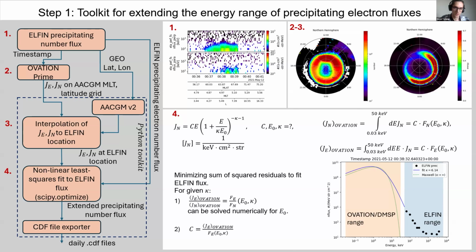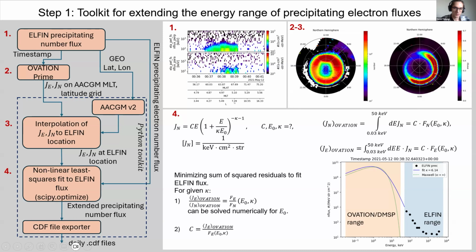We can use a CGM module to project the Salvation Prime data to the location of the Elfin spacecraft. It's presented on the panel to the right, this white dot moving through the Salvation Prime data.